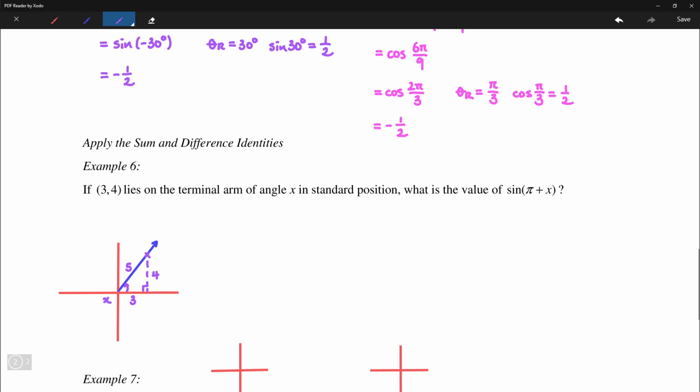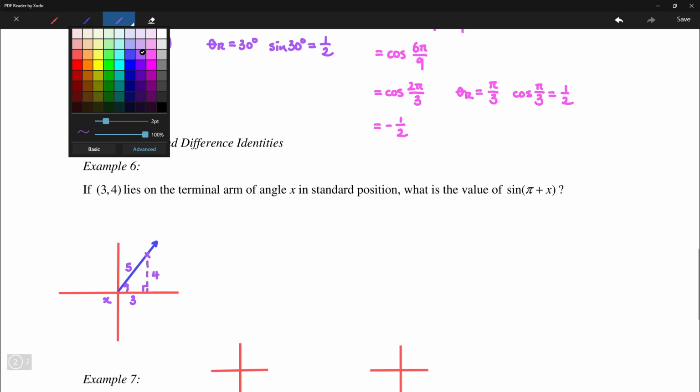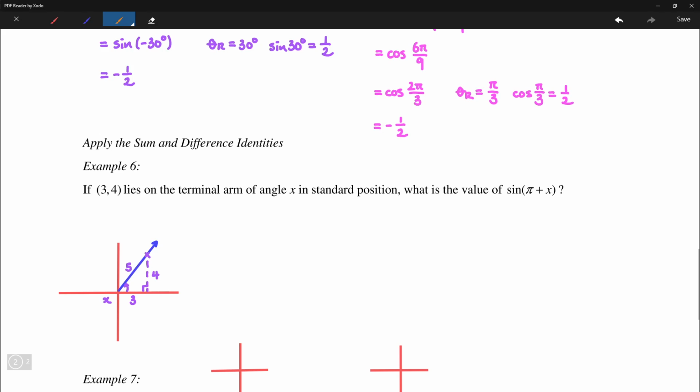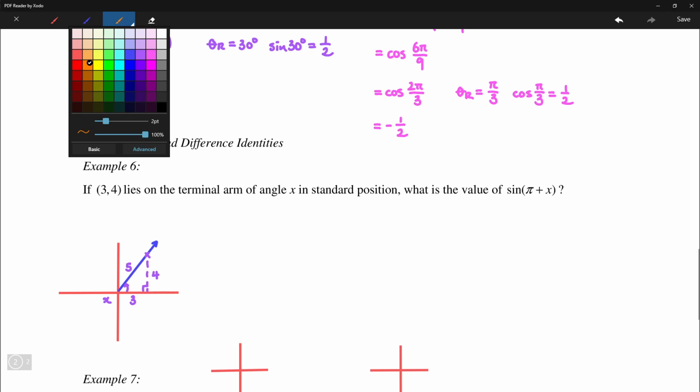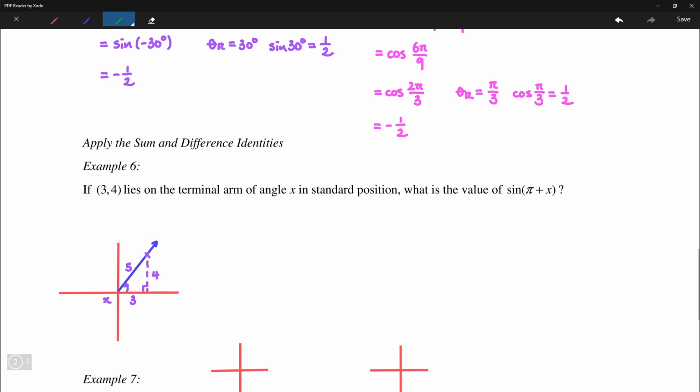Okay, so we know that, let's use a different color. So here we have sine pi plus x. We can expand this using the sum identity.